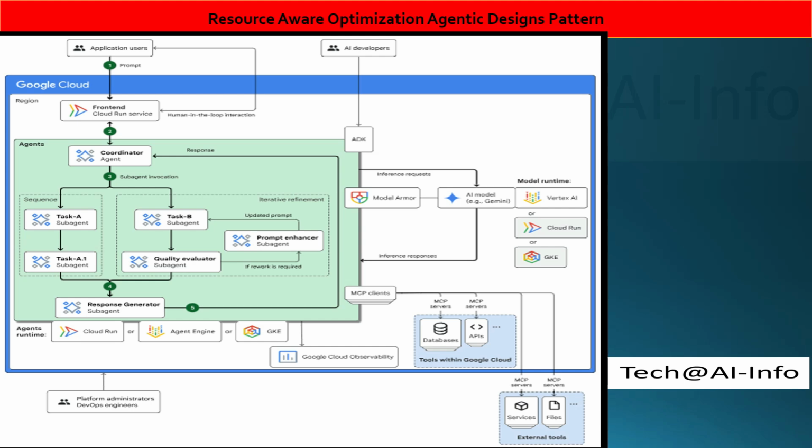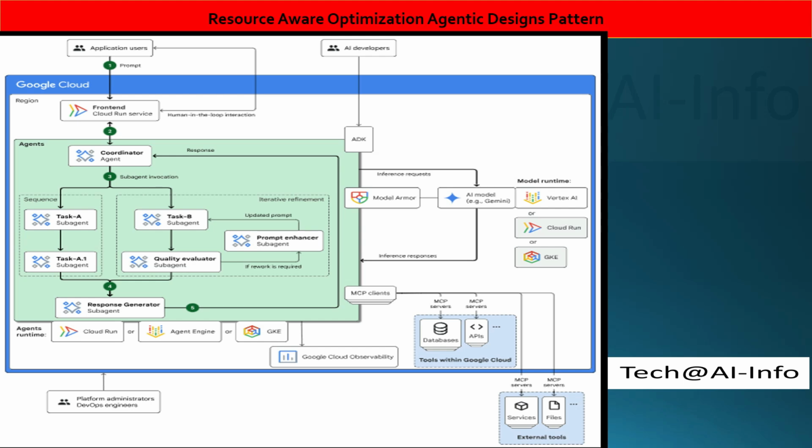So this is the architectural flow of resource-aware architecture. It starts from the user: application users' task request, which is input from the user, system or agents. The user is asking some kind of query.